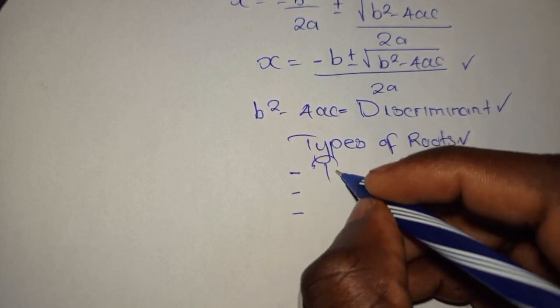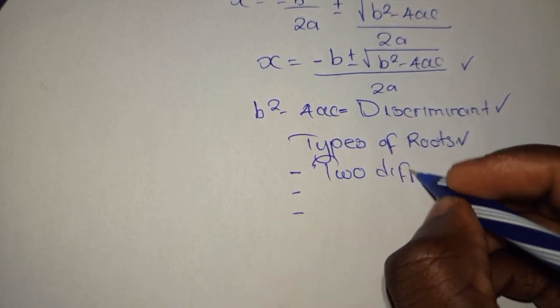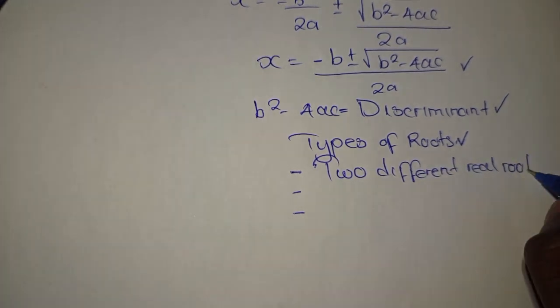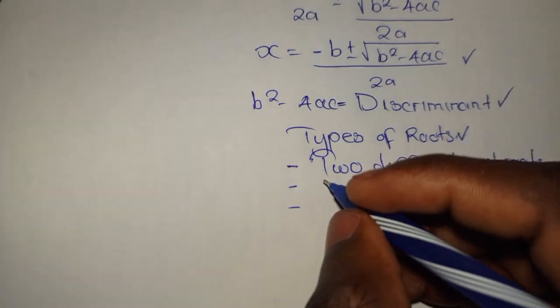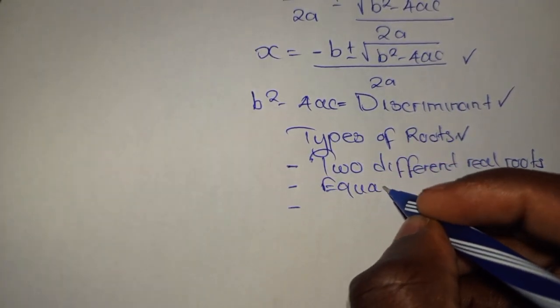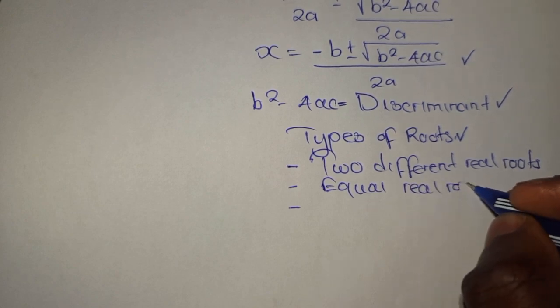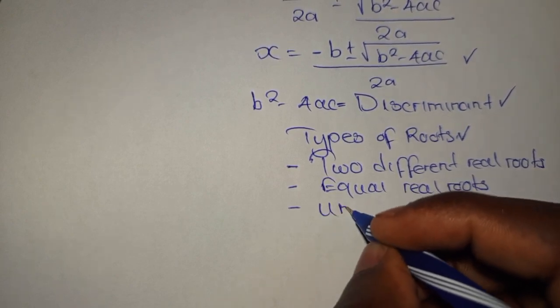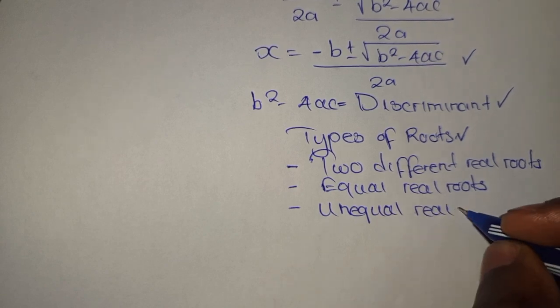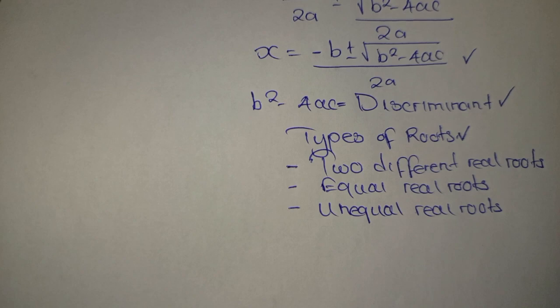You have two different real roots. Apart from two different real roots, you have equal real roots, and you have no real roots, because the value of the discriminant is lesser than 0.